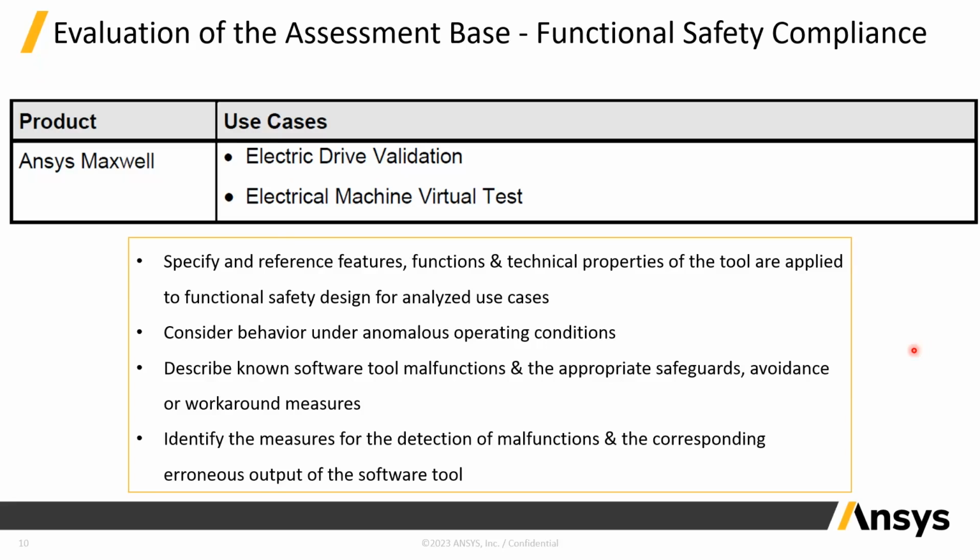And in Maxwell language, we translate this type of situation when the user defines the material characteristics using the design space, when the user defines the proper mesh to be able to predict more accurately different types of characteristics, from losses to derivative characteristics. When the user is using different types of features and capabilities, workflow capabilities within the software, to be able to predict different types of operation of the design.